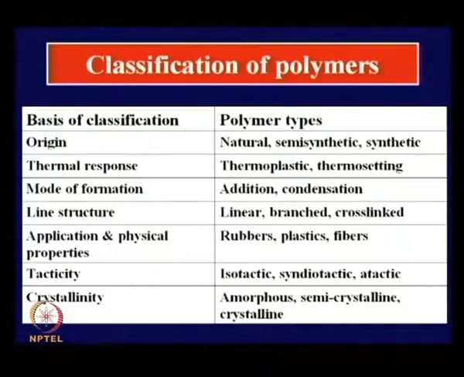What are natural polymers? We will see later. Let us see what are the different classes of polymers here. On the basis of origin, it is natural, semi-synthetic and synthetic polymers.